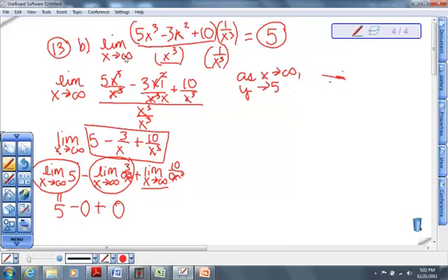But now we can look at this as the limit of our h of x as x approached infinity being equal to 5. Oh, my Smartboard's being weird. That's a 5. Alright.